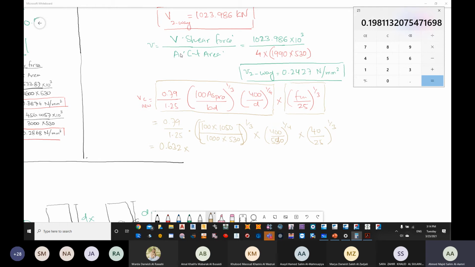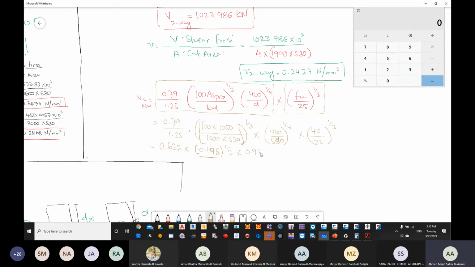Be careful when you're doing your calculation. Now for this value, can you give me the full thing with the power? Can you give me 400 divided by 530 to the power of 1/4?